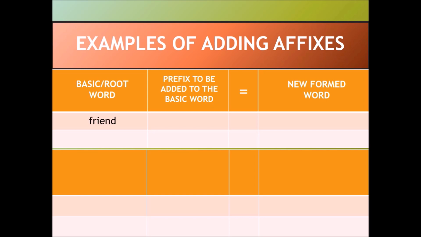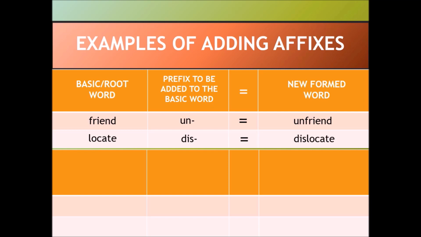The first word is friend. When added with the prefix of un, then it becomes unfriend. The second word is locate. By adding a prefix of dis, it results in dislocate.